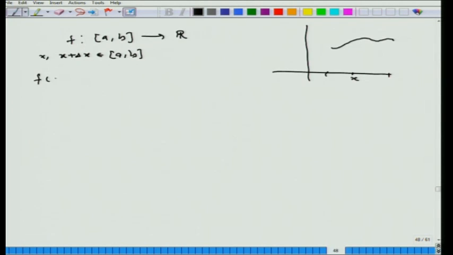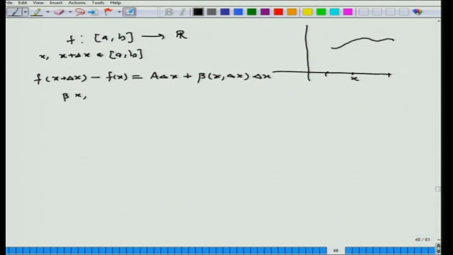So, then f of x plus delta x minus f of x, if this function is differentiable, has to be like this: A delta x plus some beta, which is a function of x and delta x, times delta x.